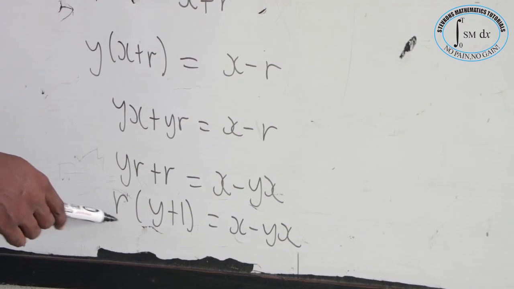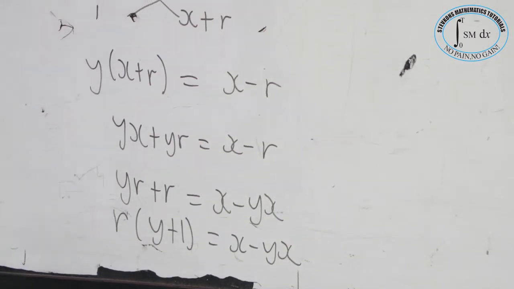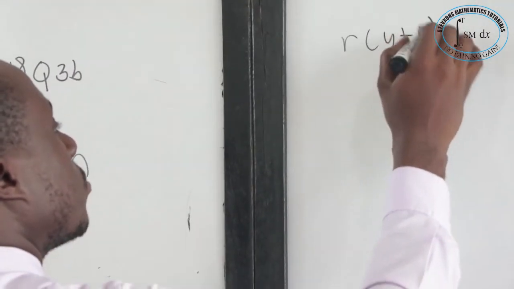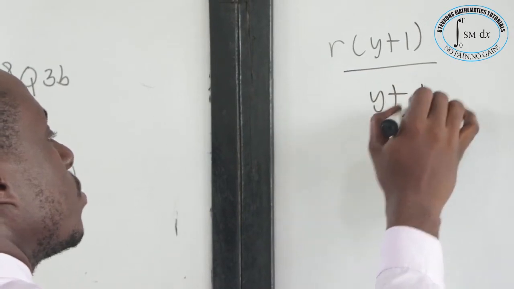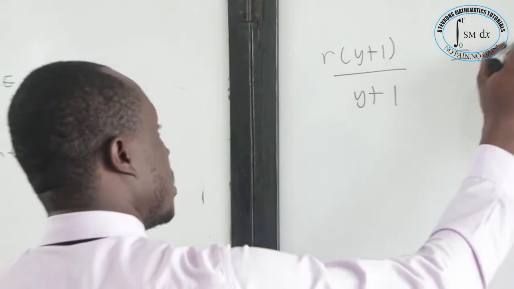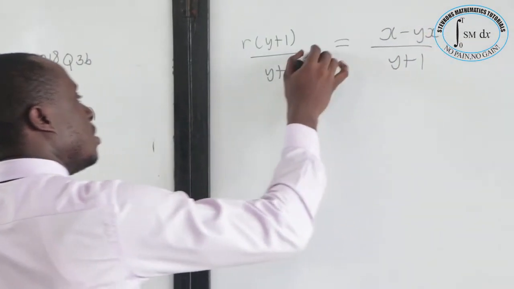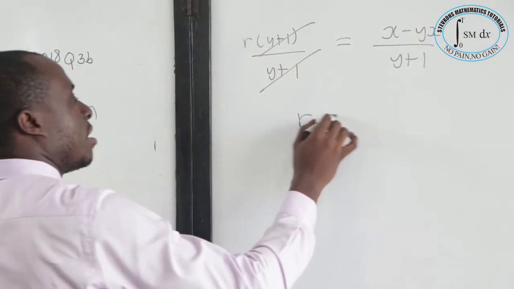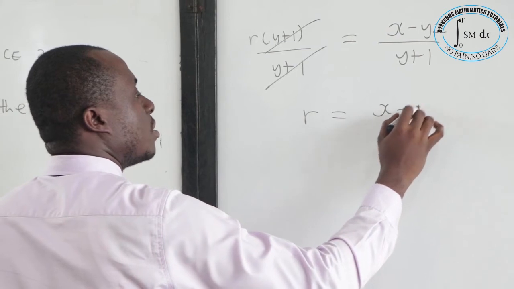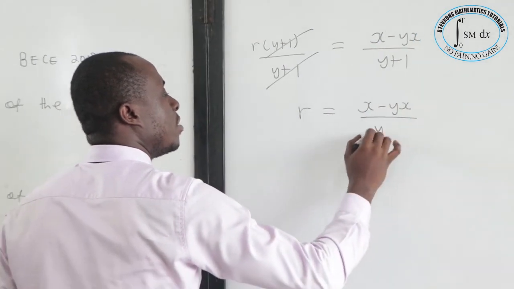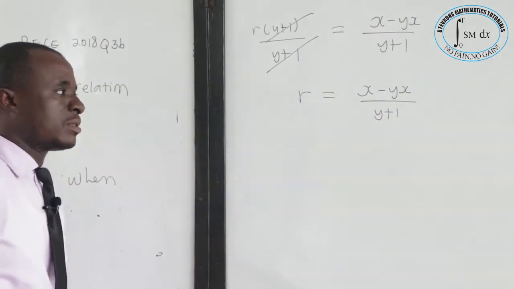What is multiplying the r? y plus 1. So r times y plus 1 all over y plus 1, and the same thing is done to the right hand side, x minus yx all over y plus 1. Now this is cancelling out that. So you have r equal to x minus yx all over y plus 1.